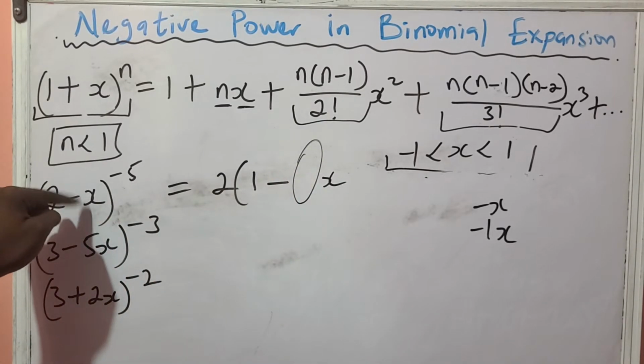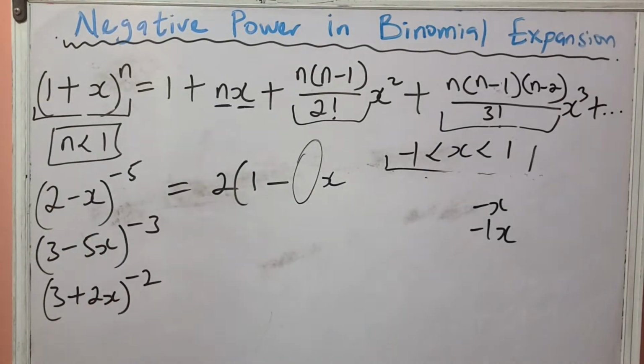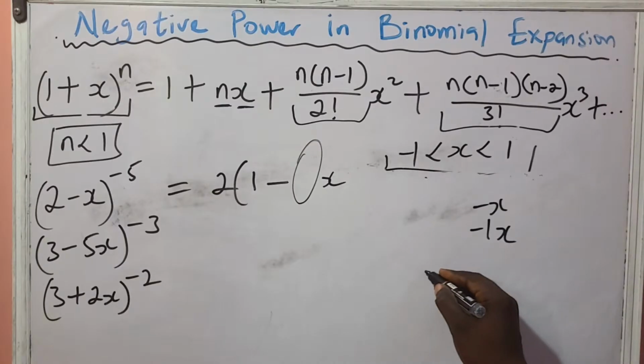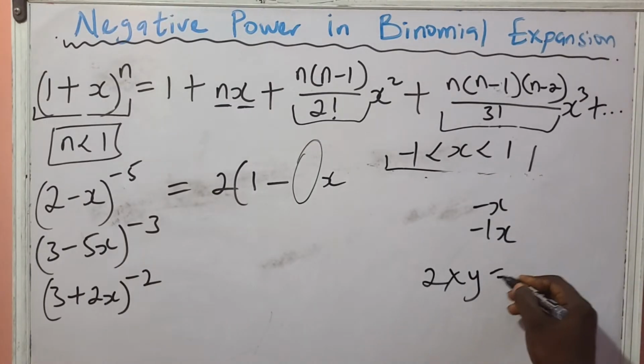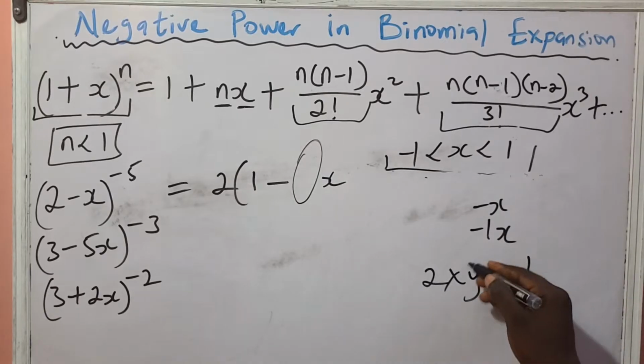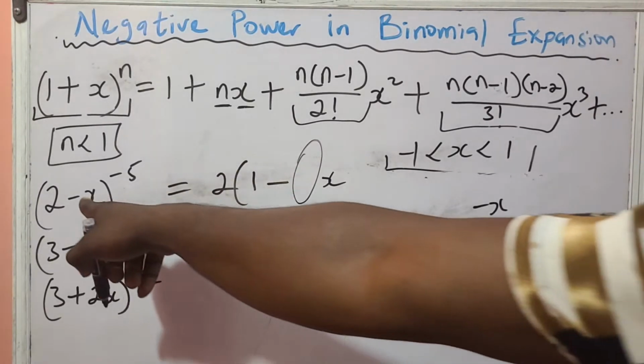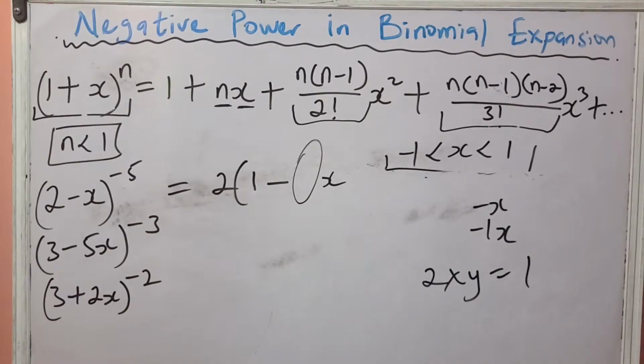Because this is 1x. I'm sure you can follow. 2 times what? So let me say 2 times y equals 1. That's one of the easier ways of even solving your problem. Just say 2 times what? The meaning of this y here is, what is 2 times what gives you 1? 2 times what?